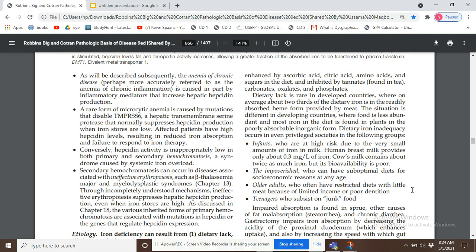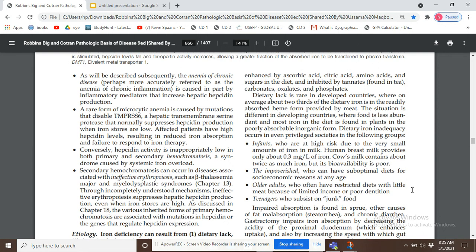In the developing countries, first of all, there is a deficiency of diet, and also most of the diet is inorganic. Most of the diet is vegetable and fruits, rather than meat. That is why they take most of the inorganic form of iron, not the organic form of iron. So there are more chances of iron deficiency anemia in the developing countries, not in the developed countries.